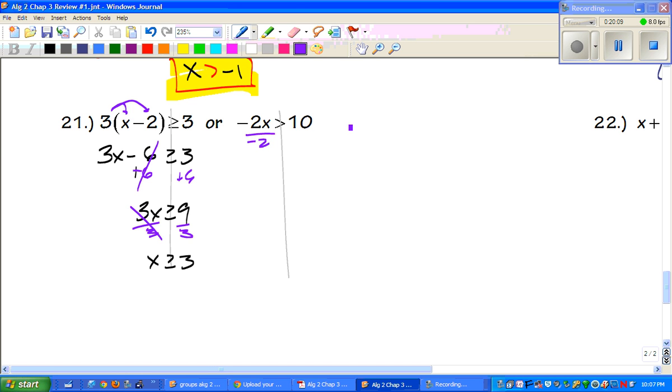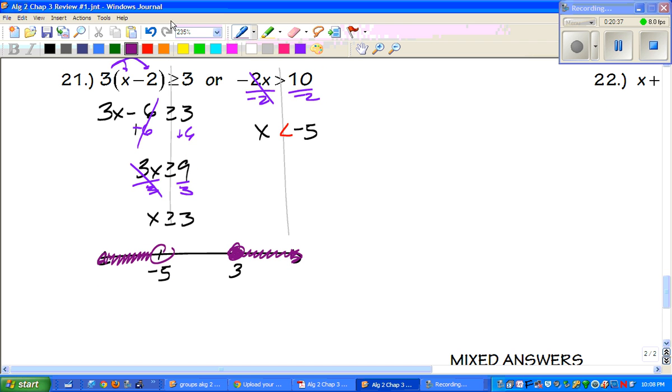On the other side, we have to divide by -2. So we get x, we get -5, and we just divided by negative, so we have to flip that sign. Okay? So our numbers are -5 and 3. x is less than -5, and x is greater than or equal to 3.